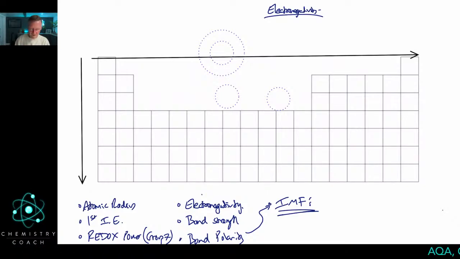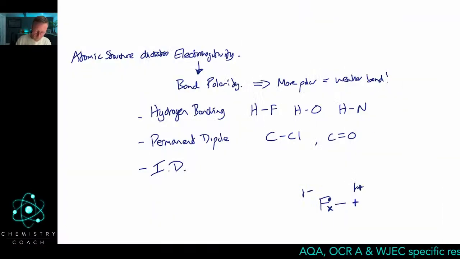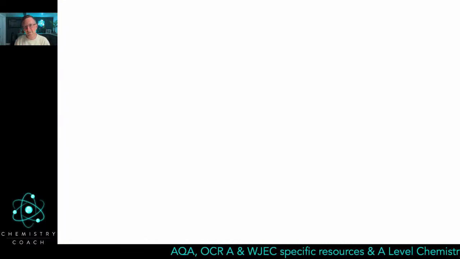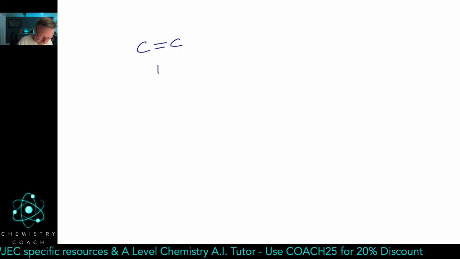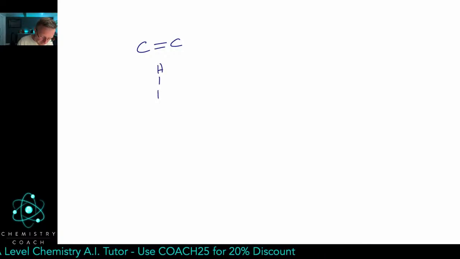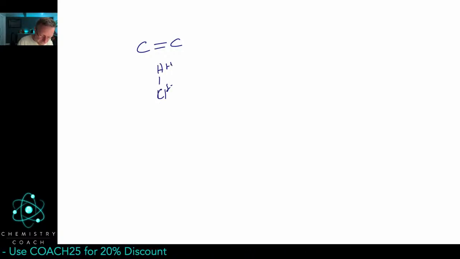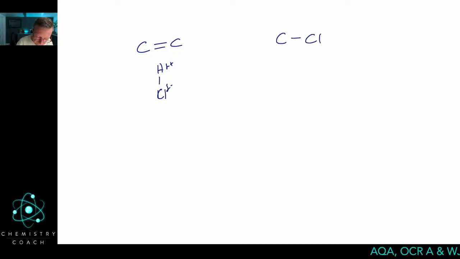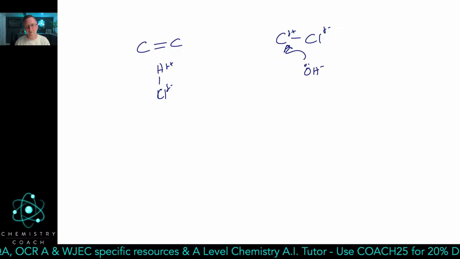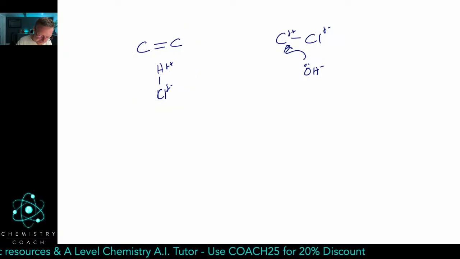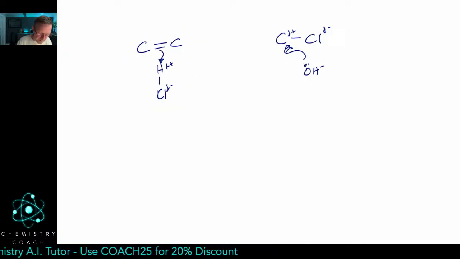Now, the last thing I'll mention when it comes to dipoles, and again, difference in electronegativity causing dipoles: without dipoles, we would have no organic mechanisms. Every single organic mechanism you look at is because you have got a dipole somewhere, whether that's the dipole in a haloalkane, and then your nucleophile comes in and attacks this delta positive carbon, or whether it's electrophilic addition and this pair of electrons is attracted to the delta positive hydrogen.